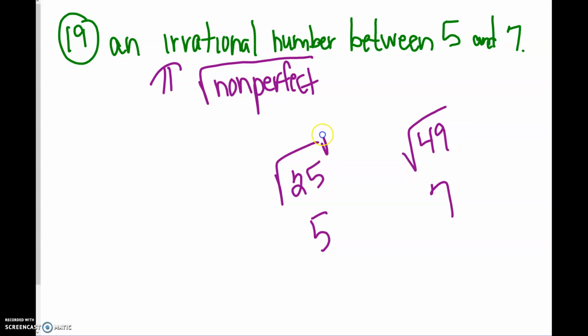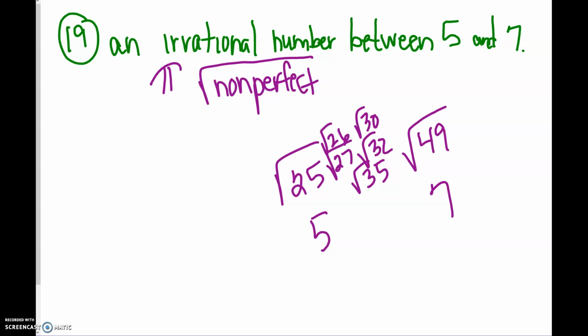Well, isn't the square root of 26 going to be bigger than the square root of 25? And that's non-perfect, so that could be your answer. Could you put in the square root of 27, the square root of 30, the square root of 32, the square root of 35? So we have lots of different examples here. The square root of 41. Any of these that have that square root in it are going to work, okay?